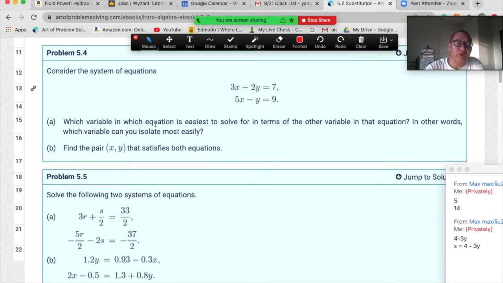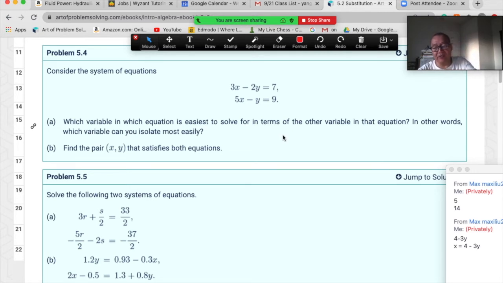They ask you which variable in which equation is easiest to solve for in terms of the other variable in that equation. In other words, which variable can you isolate most easily?